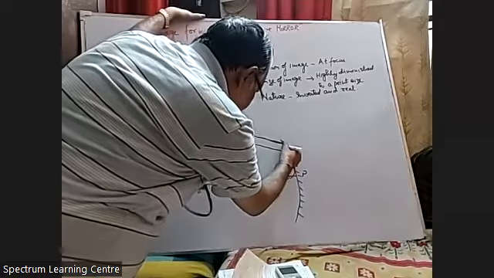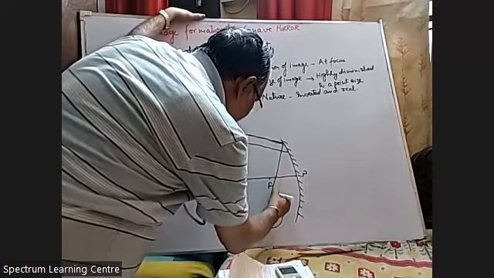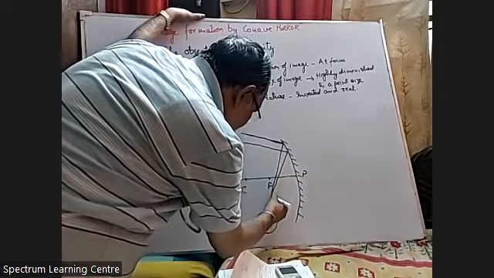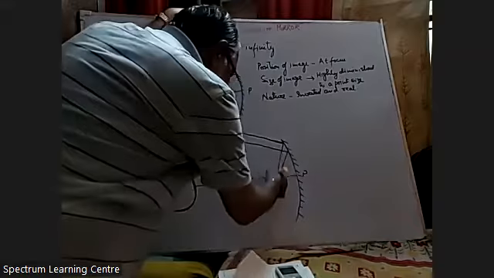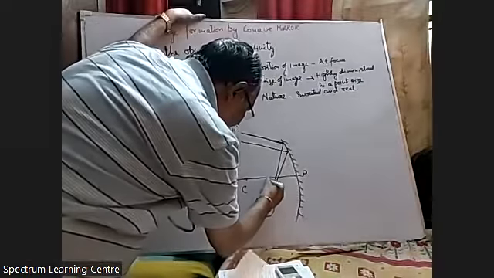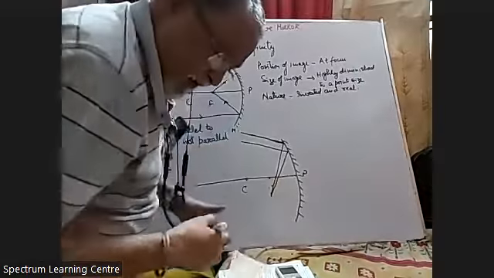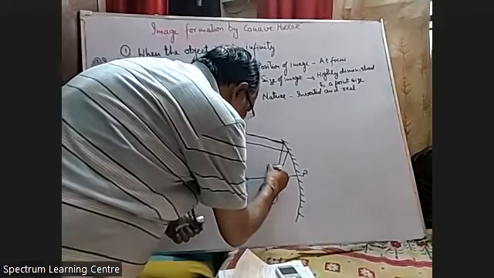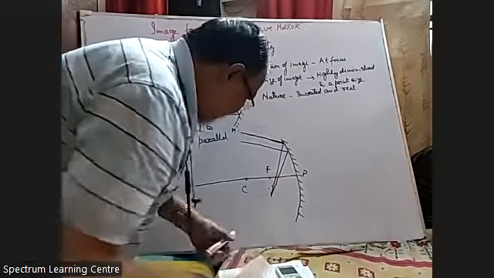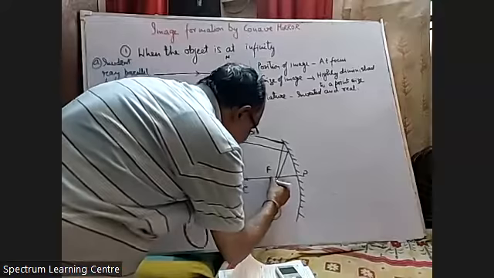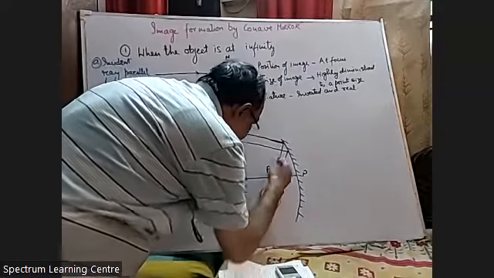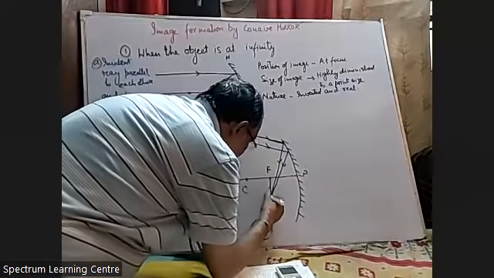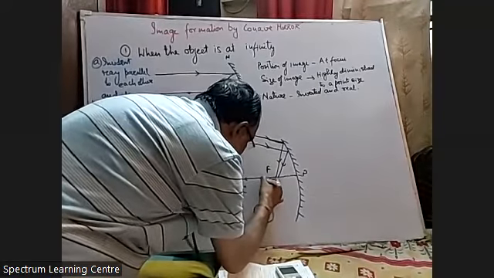So after reflection, they will meet somewhere in a plane below focus, and this will be your image, image A dash B dash.